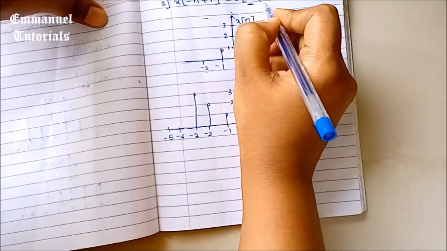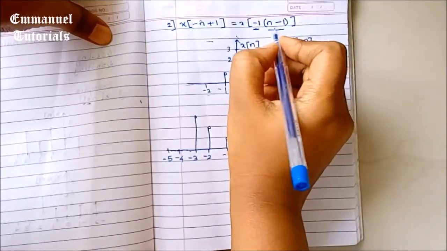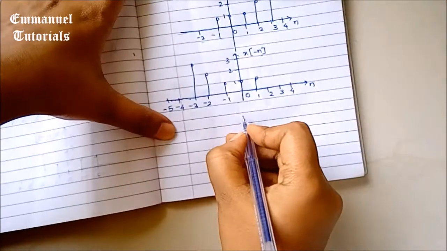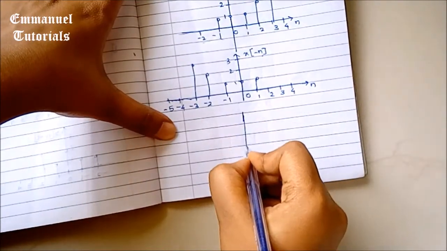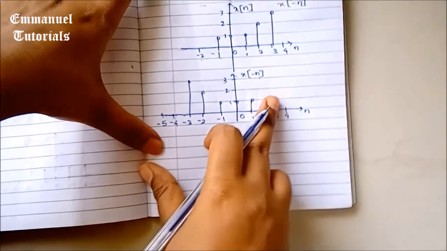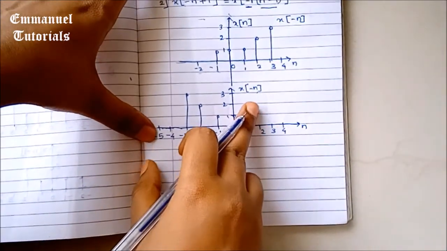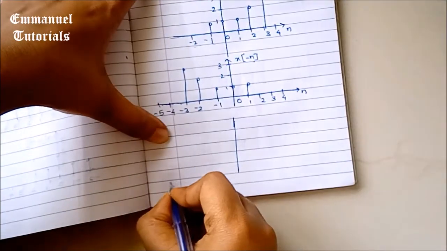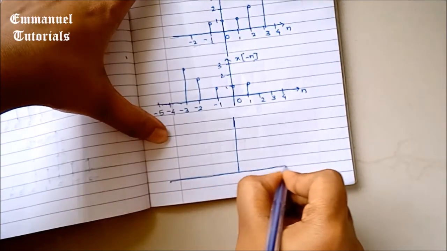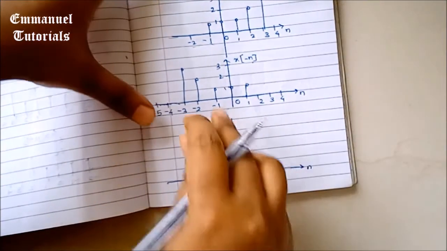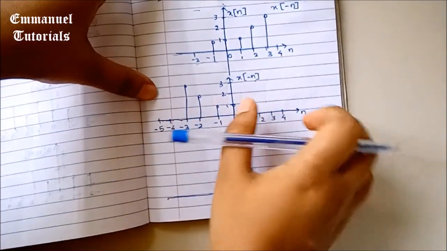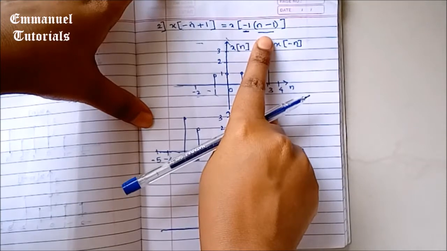Now we have to solve the shifting part of the operation. So now we'll have to shift this time reversed signal by -1. So minus suggests delay, so we'll have to shift this signal to the right by 1.